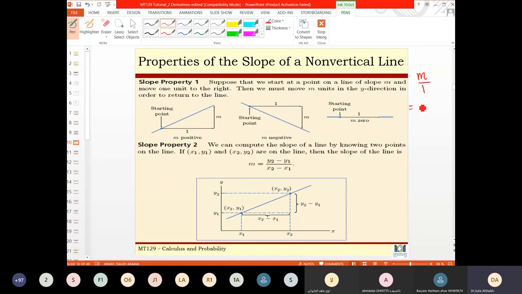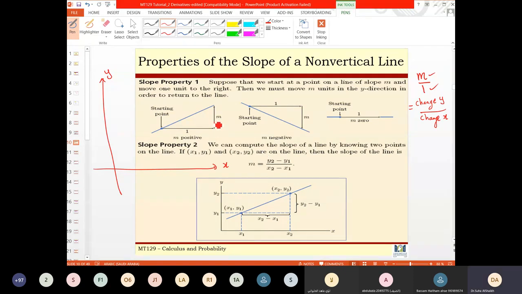As I said, it is the change in y divided by the change in x. So if I want to draw it, this is my x-axis and this is my y-axis. The change in y is m and the change in x is 1.